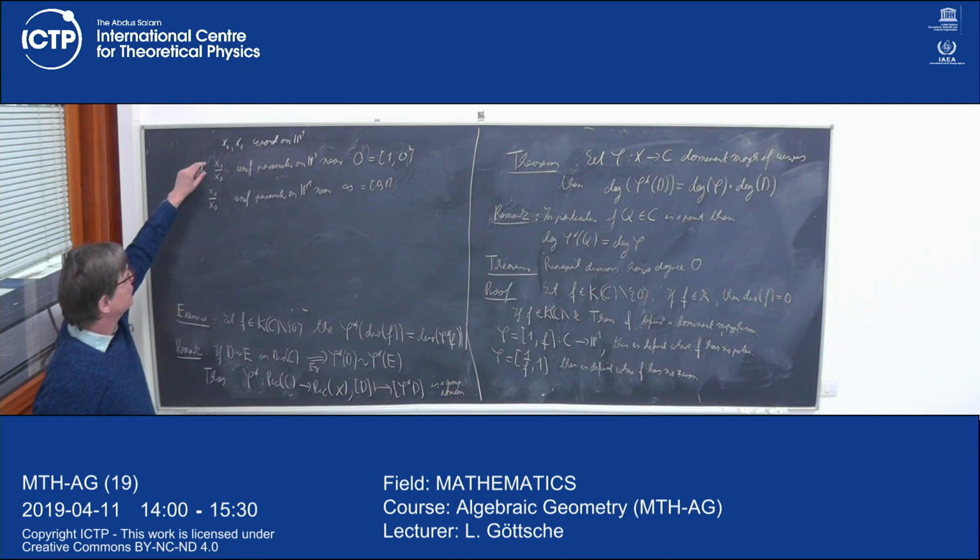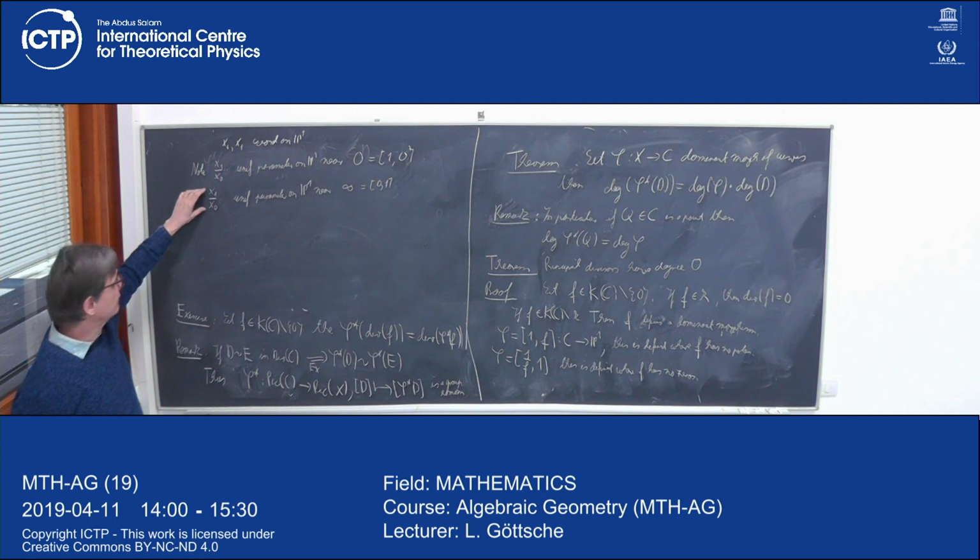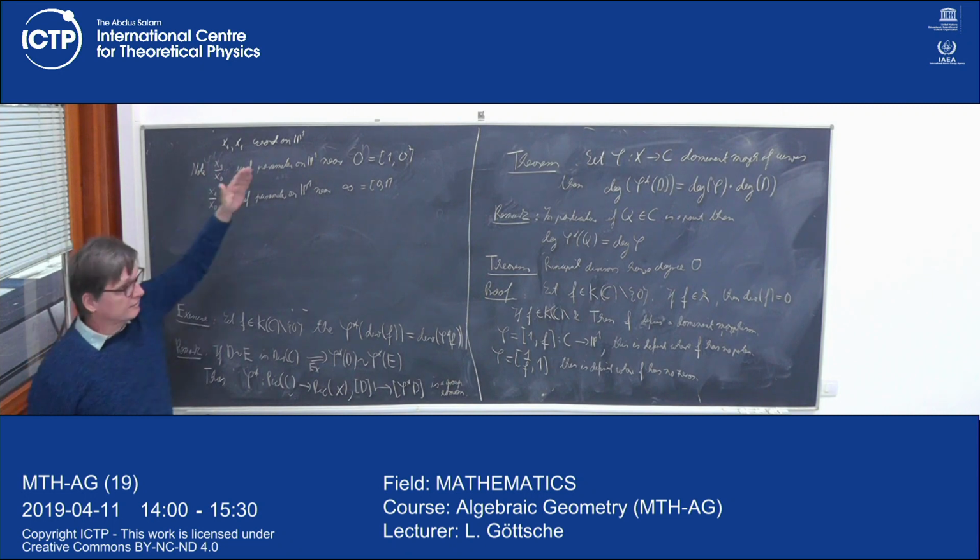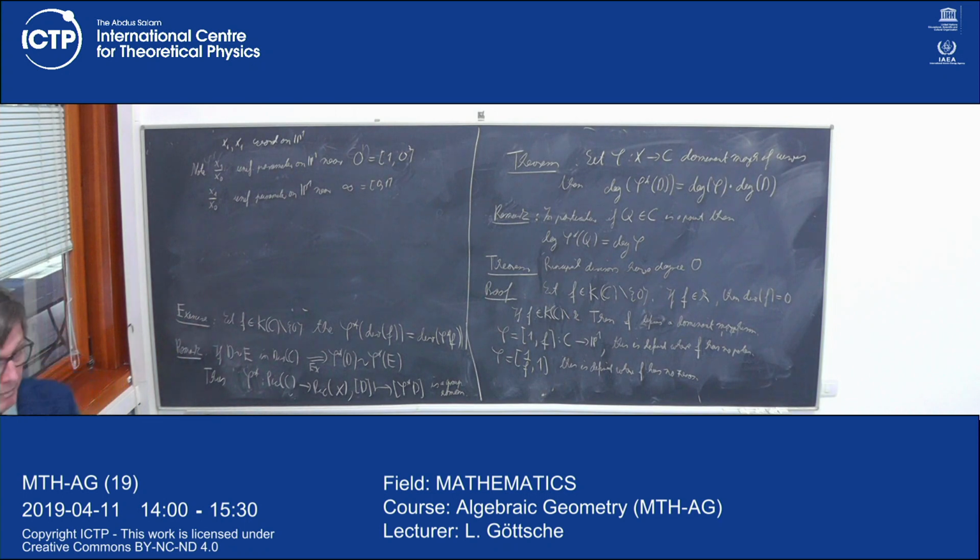Here we have an A1 for which this is the variable, and near infinity we have another A1 for which this is the variable, and this is obviously the uniformizing parameter.